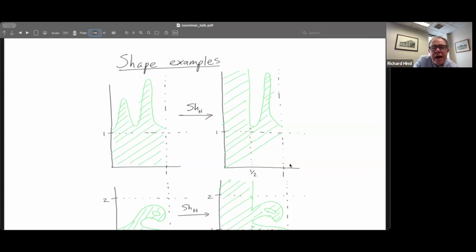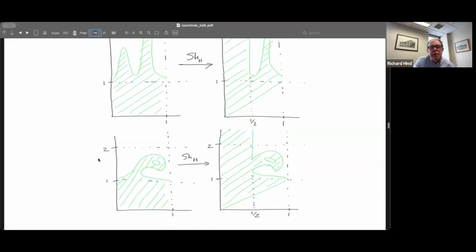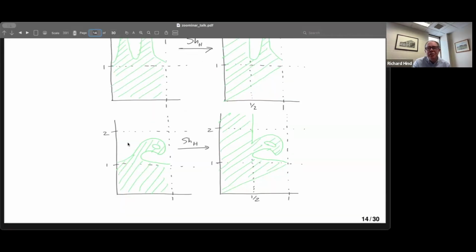So that's the first example. Then, if I happen to have more control on the original domain, so for example, if it's bounded between 1 and 2, then in fact you can drop the graph assumption in this case, right? So now the thing doesn't have to be a graph, doesn't have to be simply connected, whatever you want. So you're going to get the same domain back plus this strip.